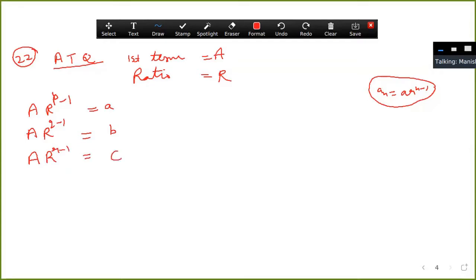Now what you have to do, it is given, prove that a to the power q minus r, b to the power r minus p, into c to the power p minus q will be equal to 1. When I take the left hand side of this statement, I can put in the values of a, b and c.